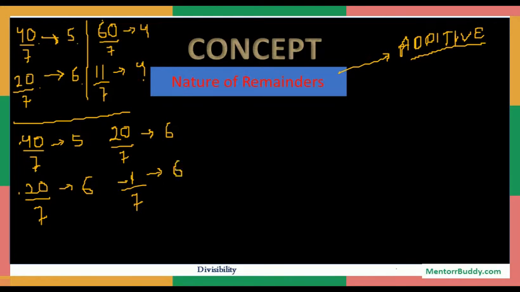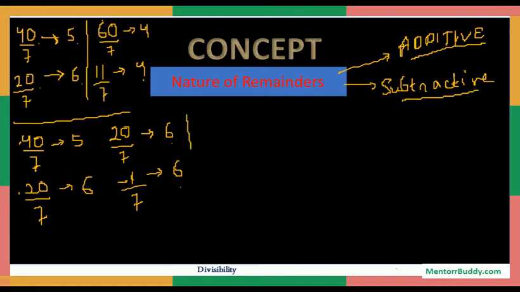So again I realized that the remainder is coming out to be the same. That declares that remainders are also subtractive in nature. So we can see remainders are additive and they are also subtractive in nature.